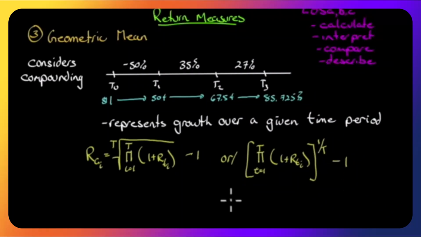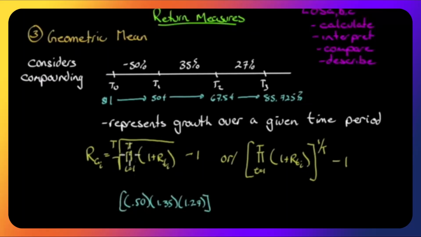So let's go ahead and calculate the geometric mean for this that we have. Again, it's just 1 plus r multiplied for every time frame. So what do we have? We have 1 plus negative 0.5, so it'll be 0.5 multiplied by 1 plus 0.35. Multiplied by 1.27, and we multiply all of that out.